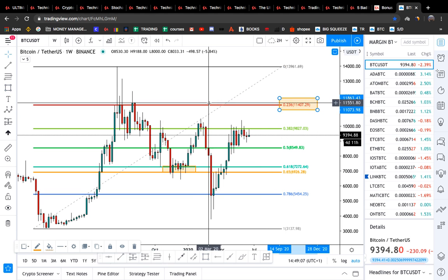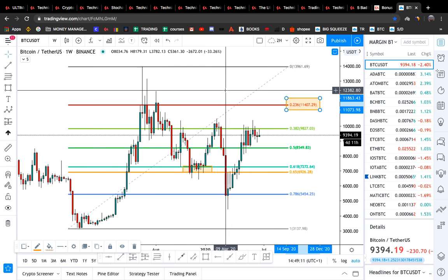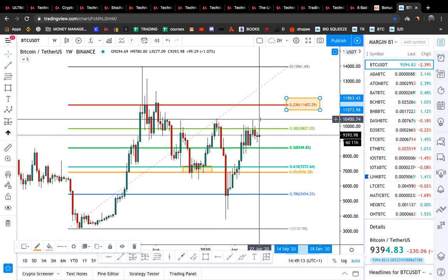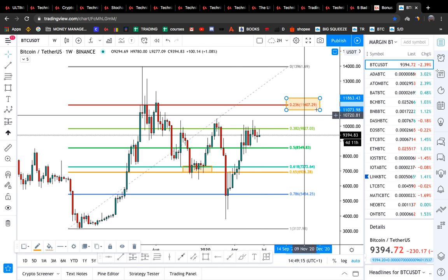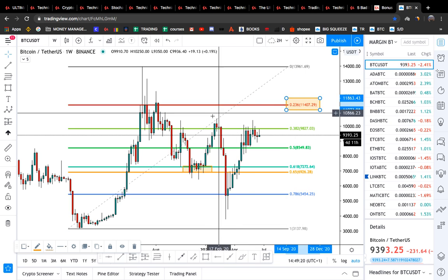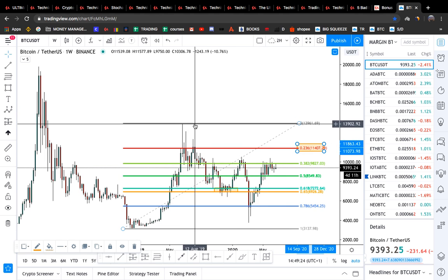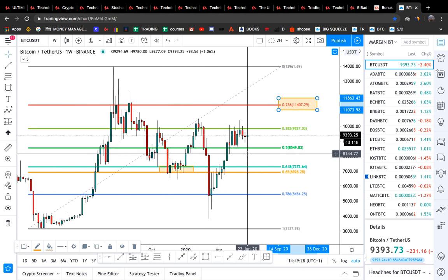If price started to play above here, now we can expect it to make a higher high, right? But it never happened so far. If at some point you see price starting to play above this level, above this 11,400 level, now it will be pump susceptible and you might expect it to go and make a higher high above here, this level 14,000.